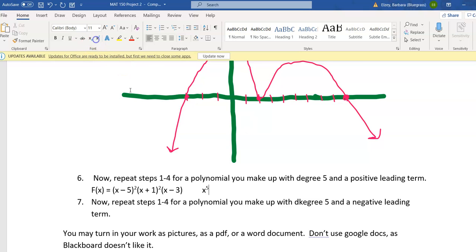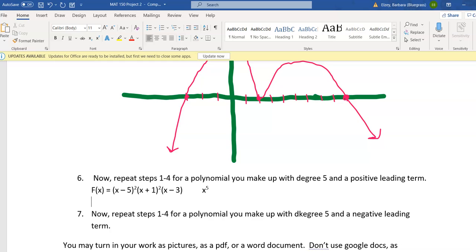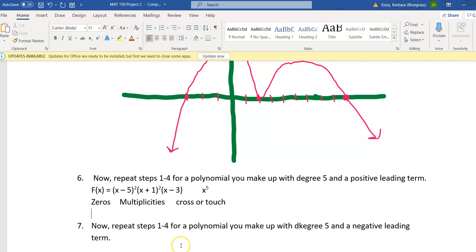Okay. All right, now let's go to making our chart of zeros, their multiplicities, and cross or touch. Okay, so first 0 from what I've made up is a positive 5. Its multiplicity is a 2. And if the multiplicity is even, it touches.